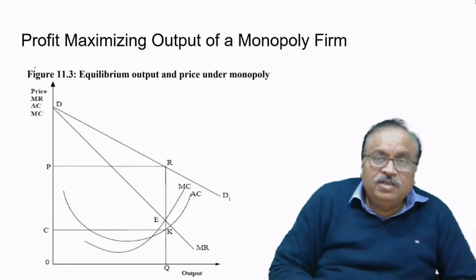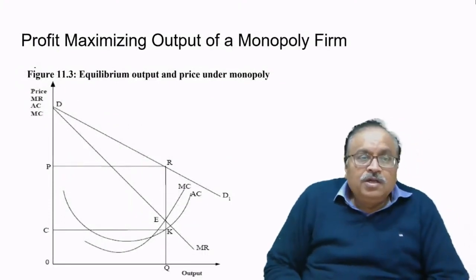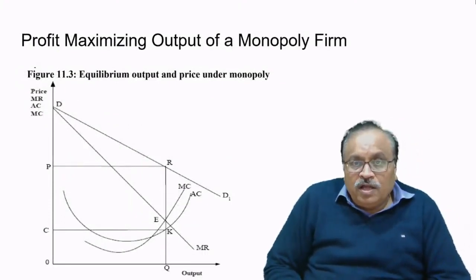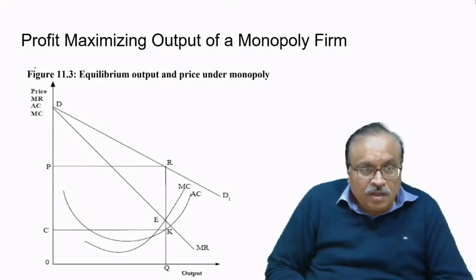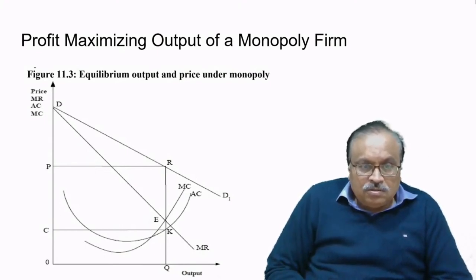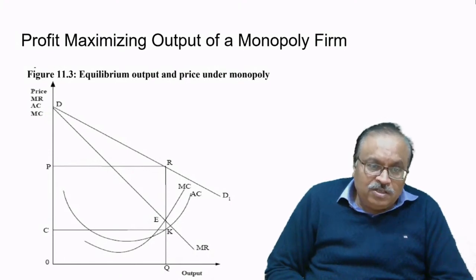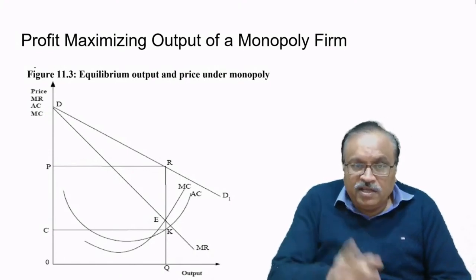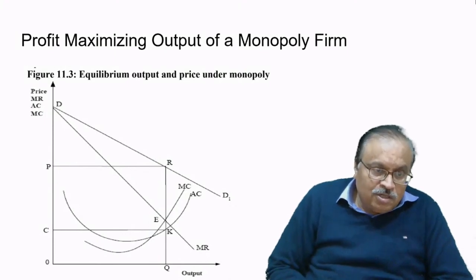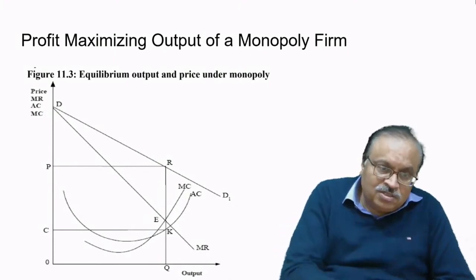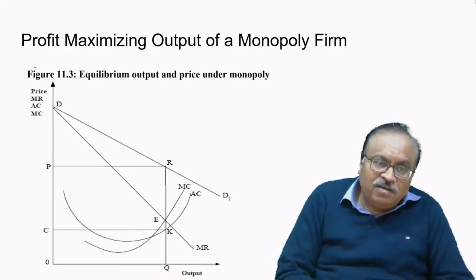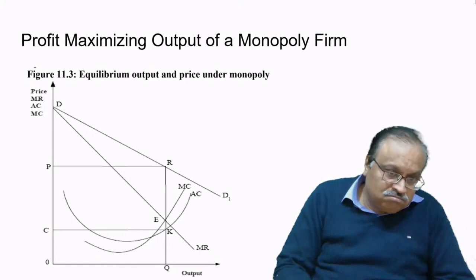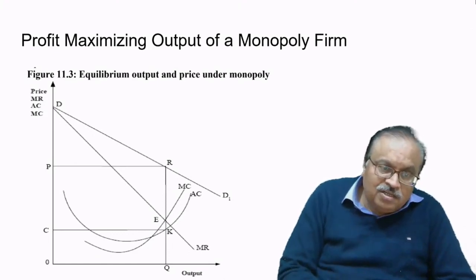So the profit maximization of a monopoly firm: equilibrium output and price under monopoly. So the demand is D1, price is P. We see that the marginal cost is steeply rising in comparison with average cost. Initially the marginal cost was down, gradually it started increasing. At a point the marginal cost and average cost cut each other.